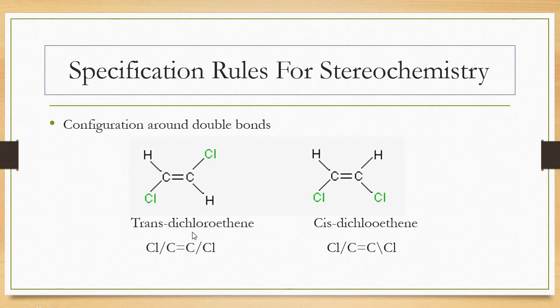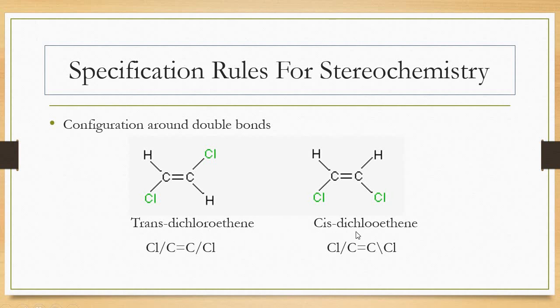If we see trans-dichloroethene, this is a trans structure, so it is represented by two backward slashes: chlorine backward slash carbon, double bond, carbon backward slash chlorine. So this represents the trans form of the dichloroethene.